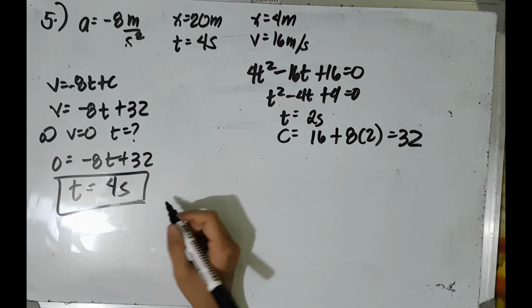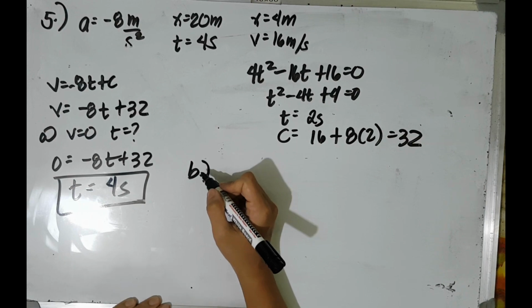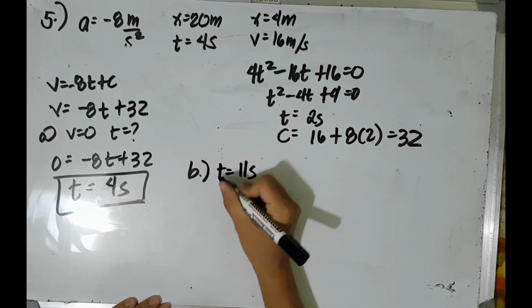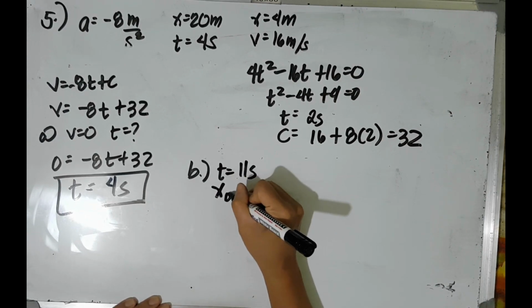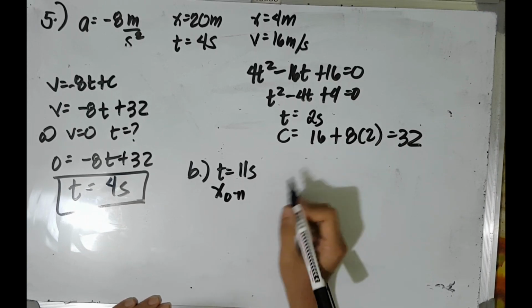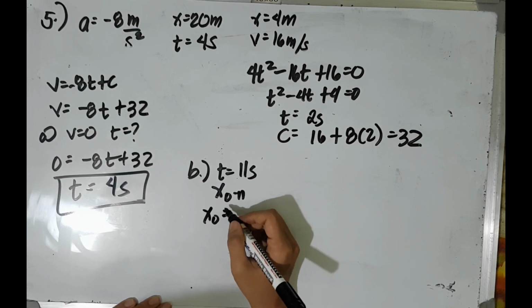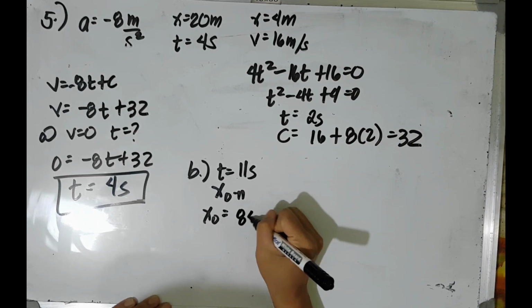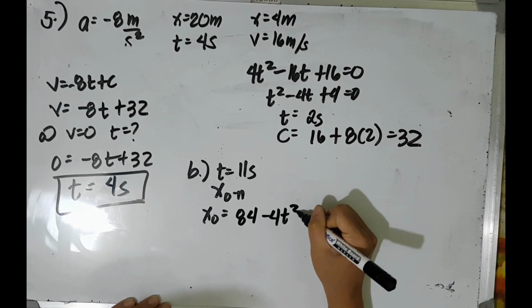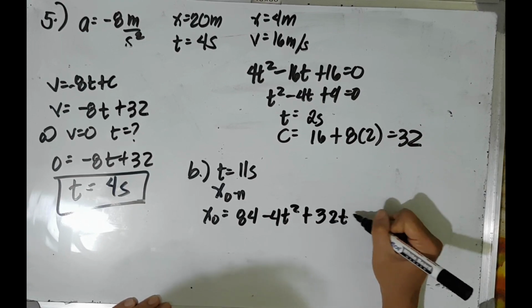And then, for letter B, the velocity and the total distance traveled when t is equal to 11 seconds. So, kukunin natin yung position niya from 0 to 11, or the total distance traveled. So, at time is equal to 0, nasaan ka yung particle? So, substitute lang natin yung equation natin kanina. So, kindly go back dun sa na-solve natin equation for x.